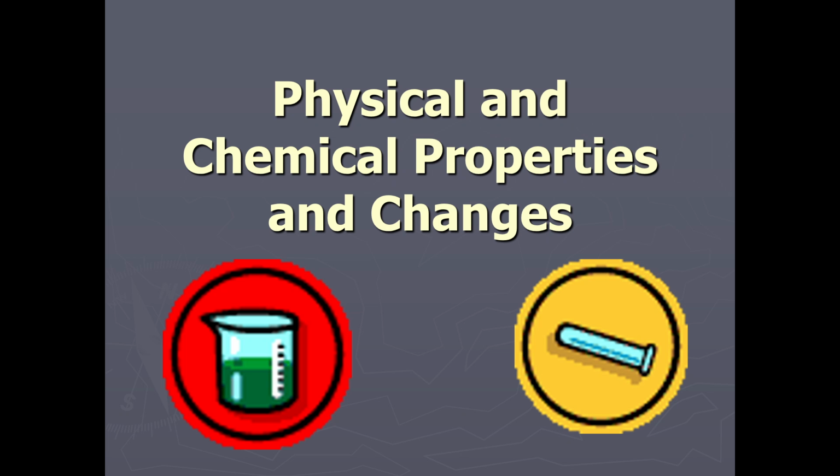So the first thing we're going to be looking at is what's the difference between physical and chemical. We'll be looking at the properties and changes. So what is a property? That's a state of matter. So words have different meanings.